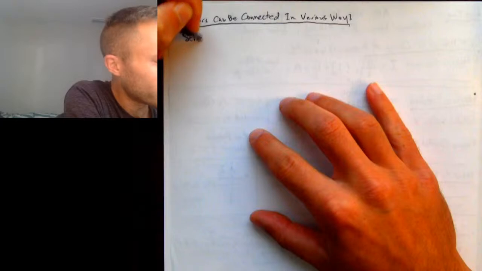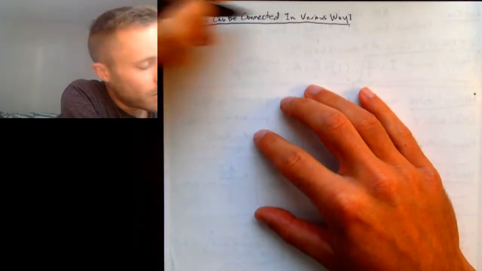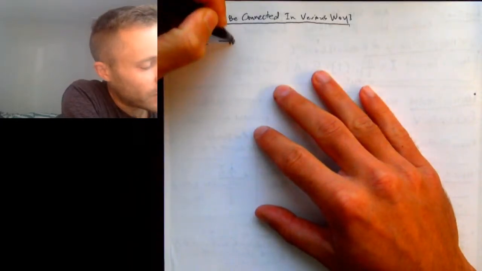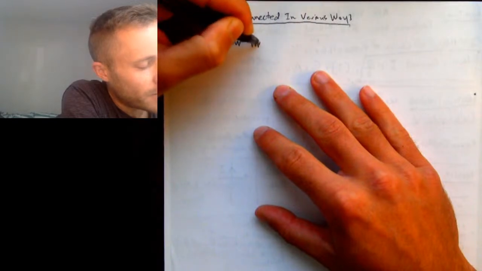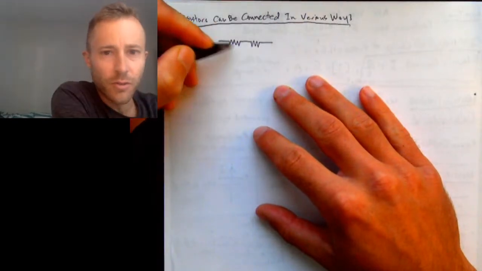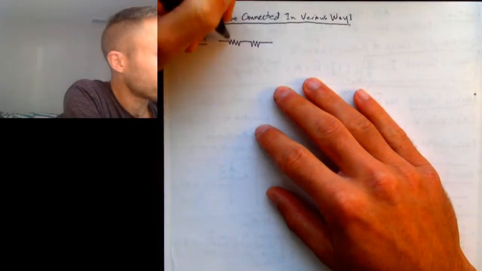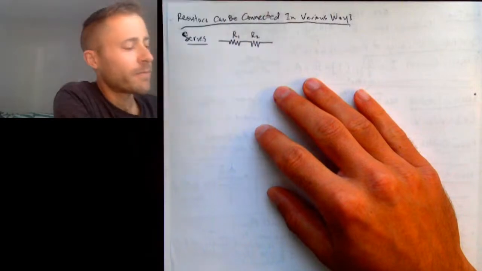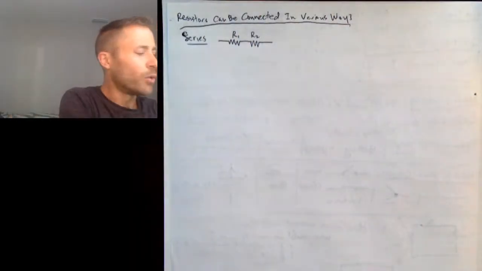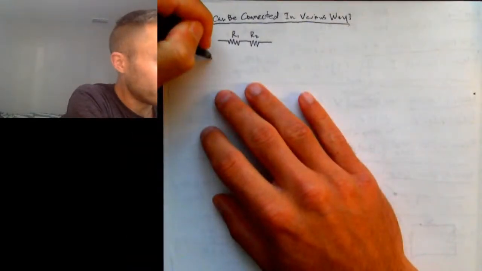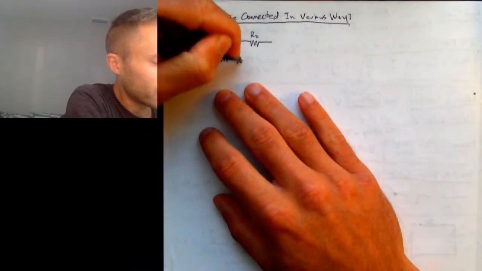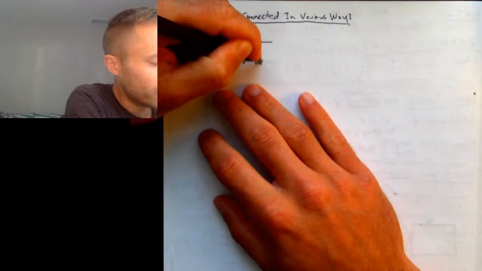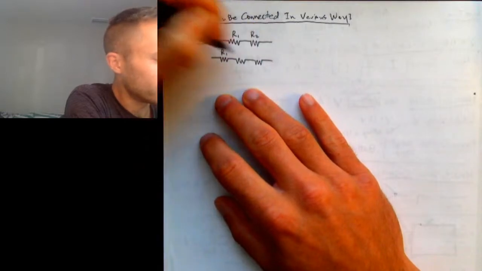The first way of connecting them is called a series connection. In a series connection, you have one resistor right after the other. So let's say that's R1 and R2. Or you could have even 3 resistors in series, which would look like this. It's kind of like a choo-choo train of resistors.